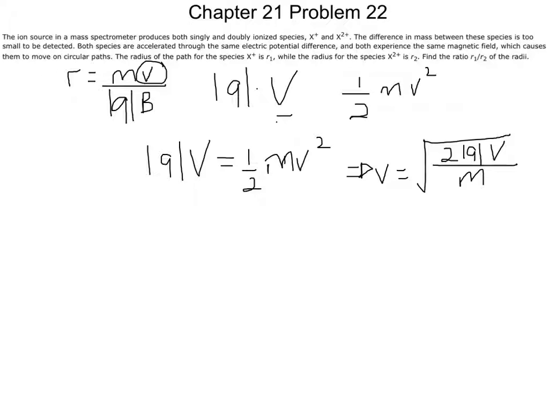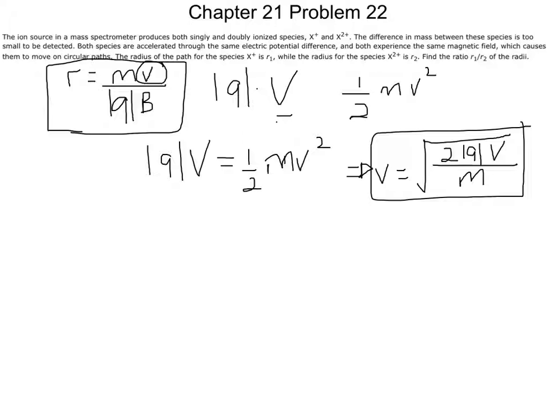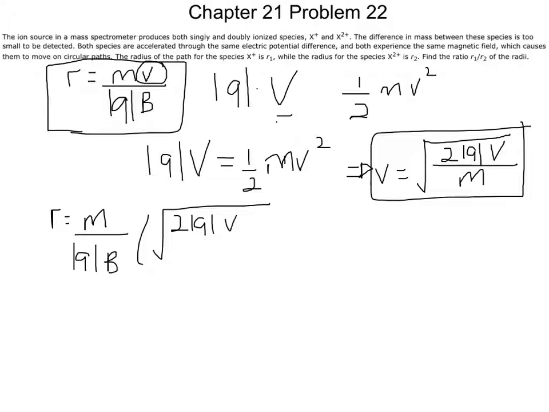So now you use this equation right here, and you have the equation for V. So pretty much all you have to do is substitute for V. So R is equal to M over Q times B times the square root of 2Q times potential difference over M.